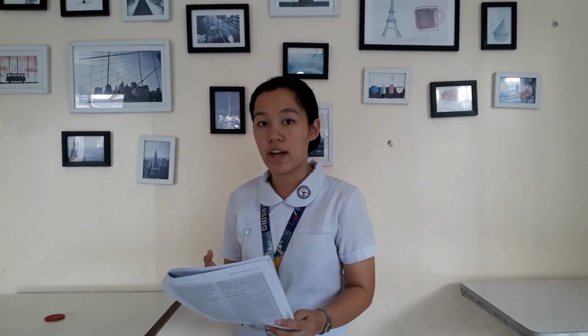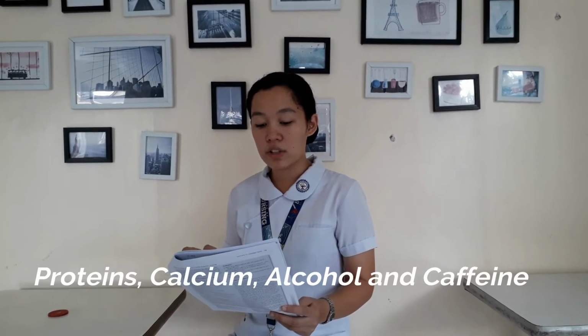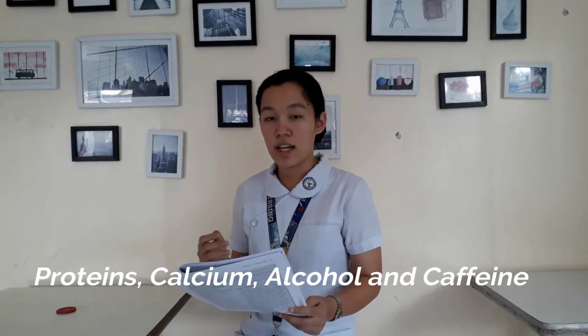The gastrin stimulates contraction of the stomach, and it is also the reason why HCl or hydrochloric acid and pepsin are released. Proteins, calcium, alcohol, and caffeine increase gastrin secretion.